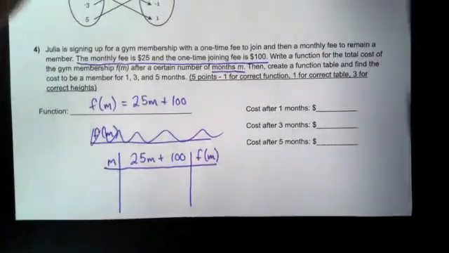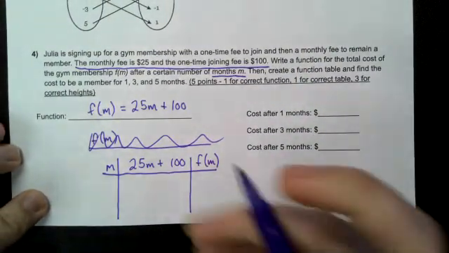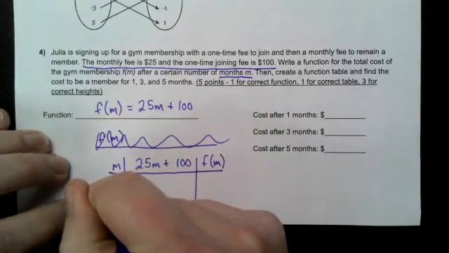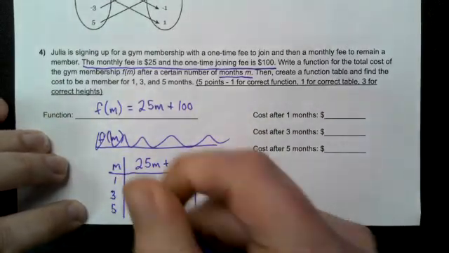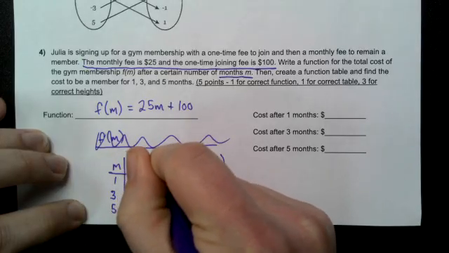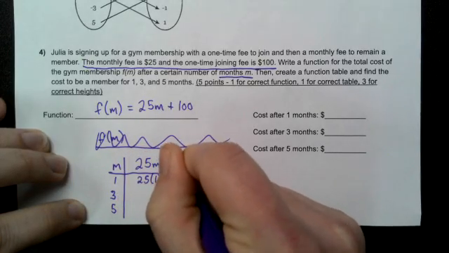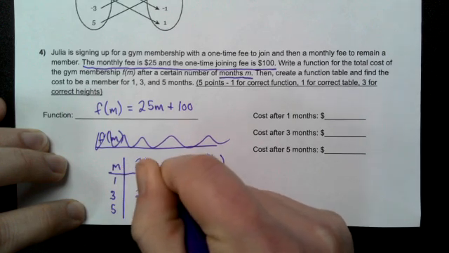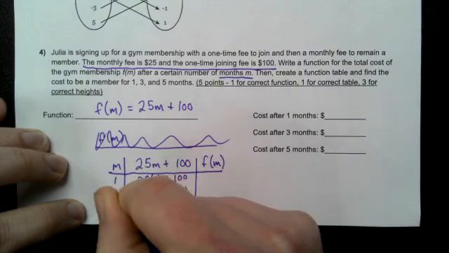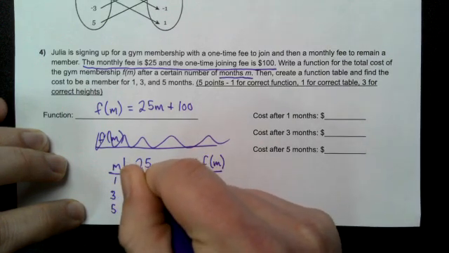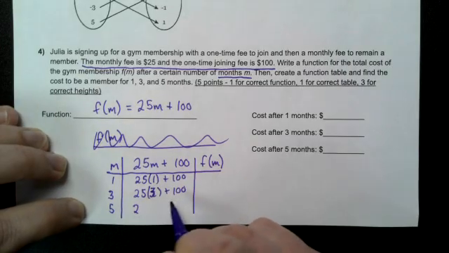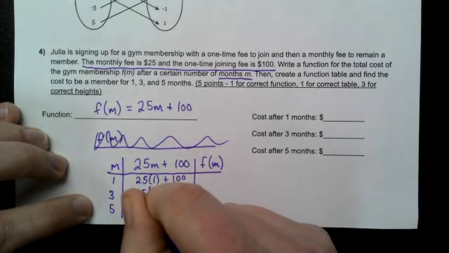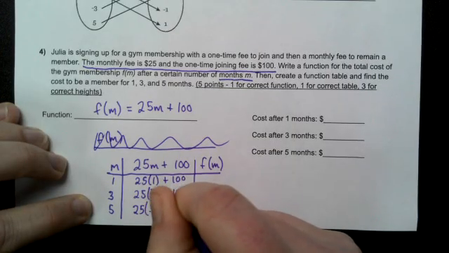So it tells us we want to know the cost after 1, 3, and 5 months. So you'll substitute these in. 25 times 1 plus 100, 25 times 3 plus 100, that's a 3, I promise, 25 times 5 plus 100.